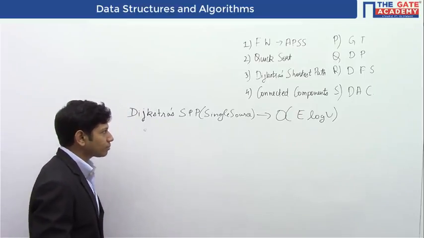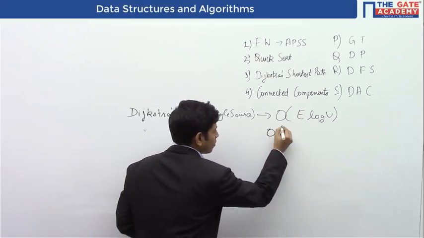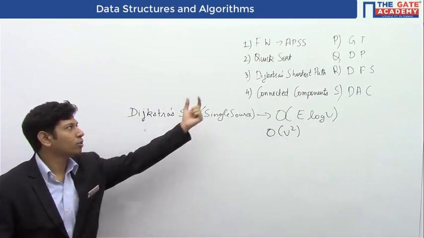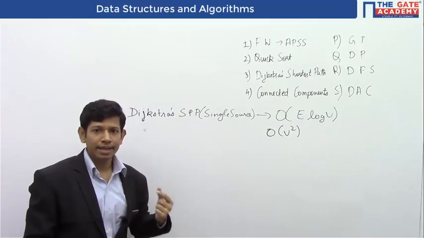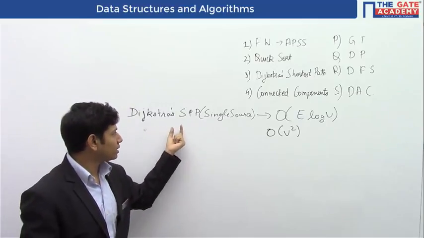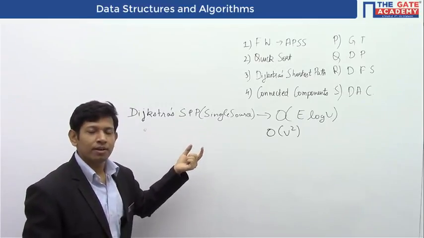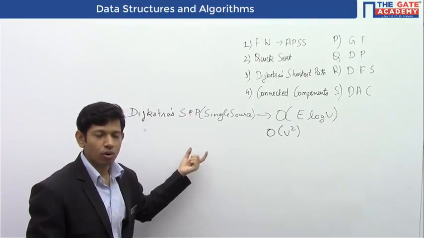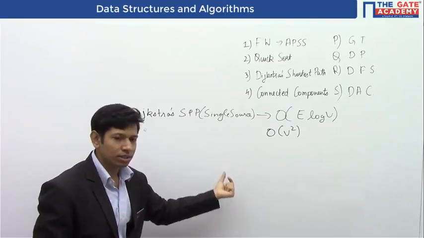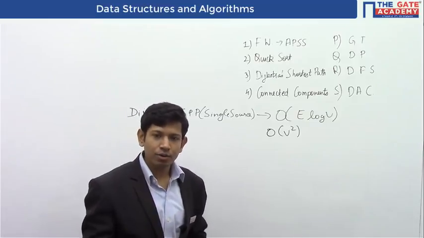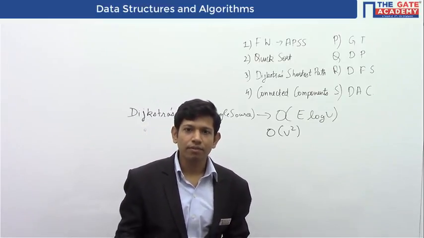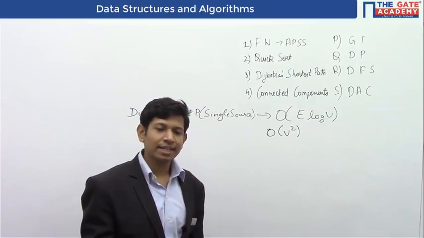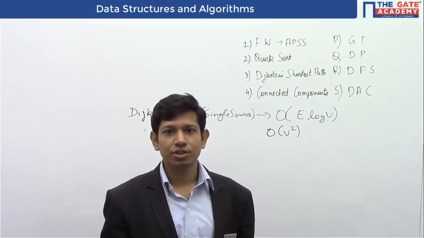Now, one method to compute all pairs shortest path is to use Dijkstra's single source shortest path and use it for all the nodes as the source. So if there are n vertices in the graph, we will apply Dijkstra's algorithm n times, selecting one node as the source each time.